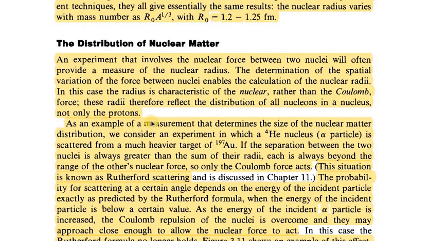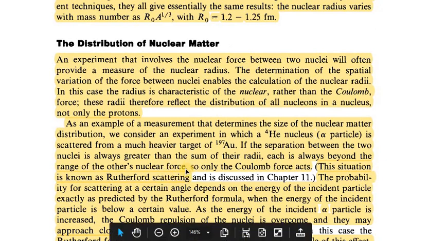As an example of a measurement that determines the size of the nuclear matter distribution, we consider an experiment in which an alpha particle, a He nucleus, is scattered from a much heavier target, a gold foil of mass 197. If the separation between the two nuclei is always greater than the sum of the radii, each is always beyond the range of the other's nuclear force.